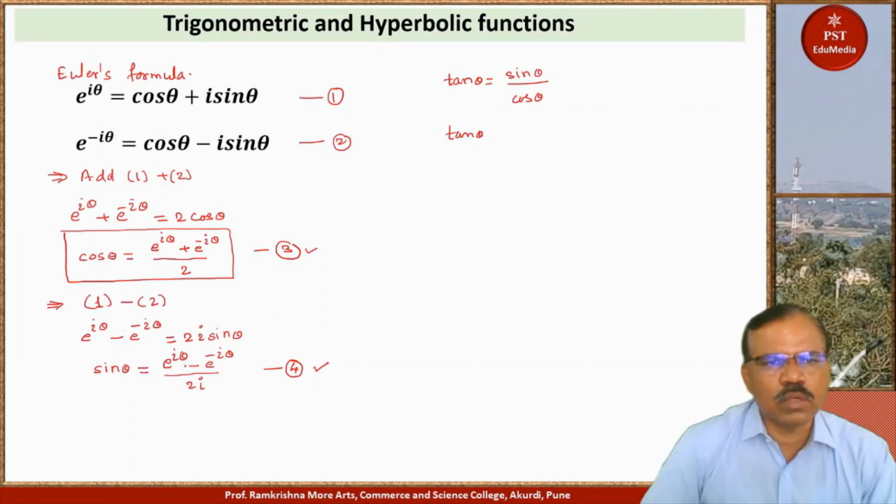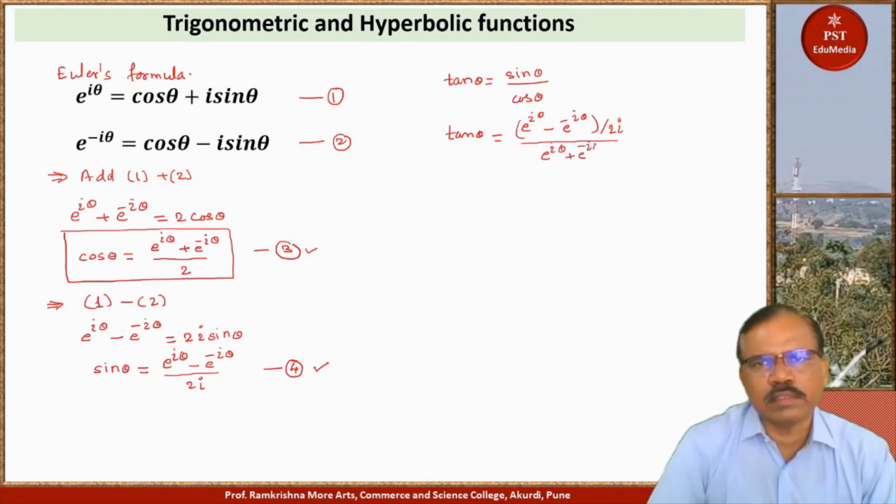So e raised to i theta minus e raised to minus i theta divided by 2i upon e raised to i theta plus e raised to minus i theta whole divided by 2. 2 gets cancelled.